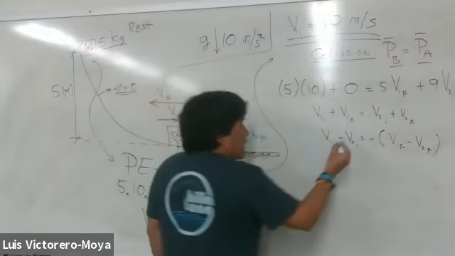Perfect. So V2 final will be 100 over 14, which you can approximate to 7 meters per second. So V2 final is 7 meters per second. Right? There.